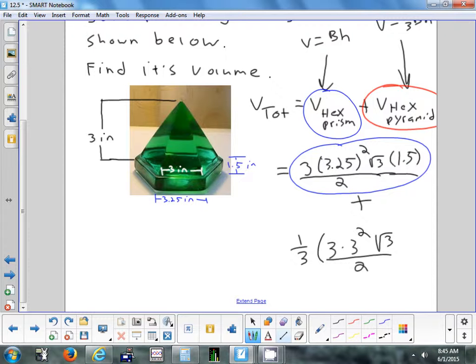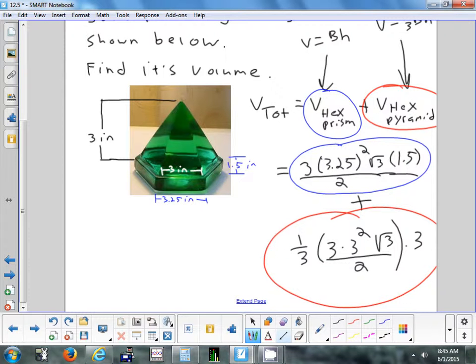If we look back in our notes, I think we already found this, but actually I think we did it with a height of 4, not 3. So that's 1/3 area of the base times the height. That's the volume of the hexagonal pyramid. There's nothing really that hard about this problem.